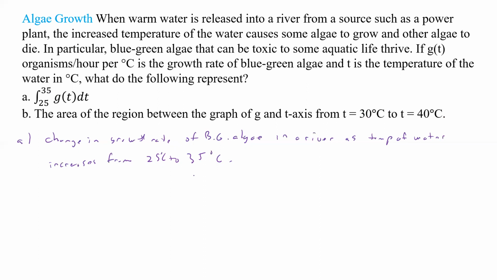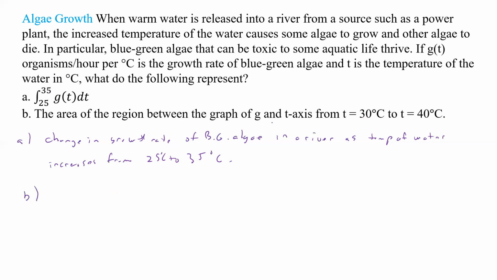Basically, it's going to be the number of organisms per hour, because we take the rate times the temperature, and we just get the number of organisms per hour as our growth rate.